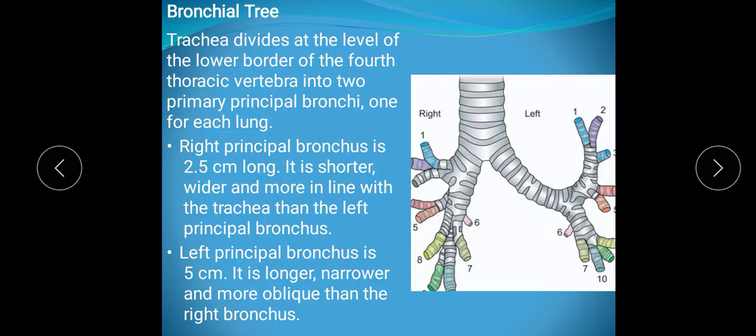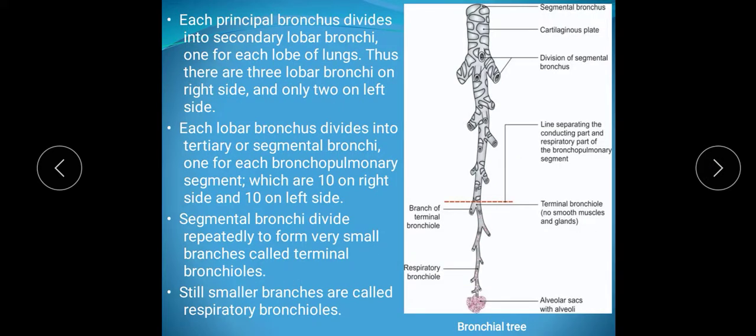The left principal bronchus is 5 centimeters long, longer and narrower than the right. Each principal bronchus divides into secondary lobar bronchi, one for each lobe of the lung. Thus, there are 3 lobar bronchi on the right side and 2 on the left side.